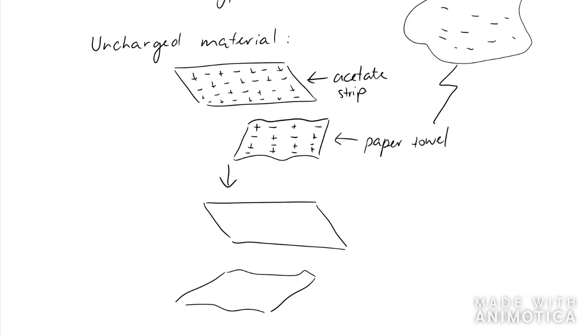So this one will keep the same number of protons because, again, they can't move. But it'll actually lose some electrons, so it won't have as many. This means that this paper towel becomes positively charged.